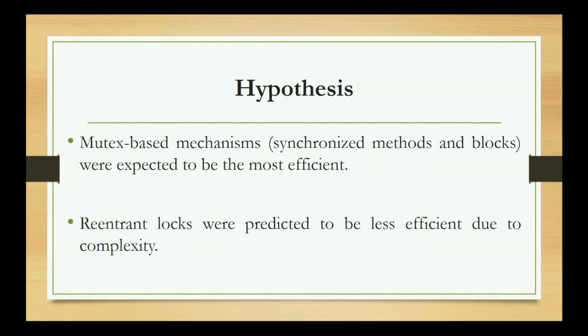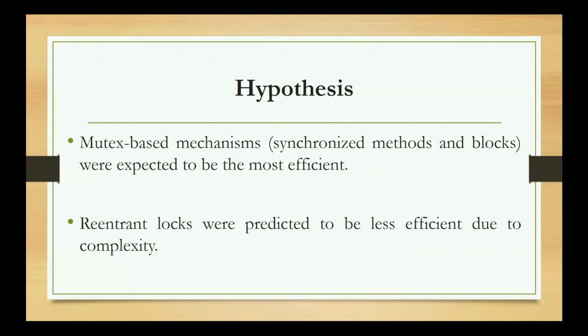And so for our hypothesis, after we did the in-depth literature review, where I think we reviewed about 30 or so papers, we hypothesized that synchronized blocks and synchronized methods are likely to be the most efficient mechanisms based on popularity, because it seems most of the studies use those two.